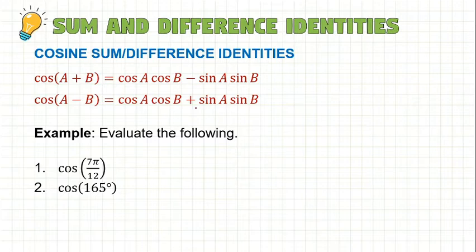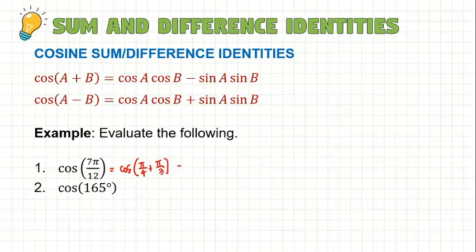So from that, we can rewrite this one as cosine of pi over 4 plus pi over 3, right?